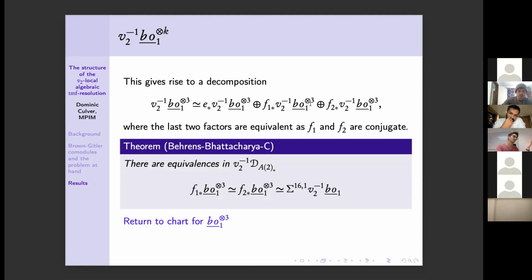Then you start seeing that there's a BO1 inside, and that the cokernel is something like an A2 mod A1 tensored up with something. It's all very down to earth to derive this type of equivalence.